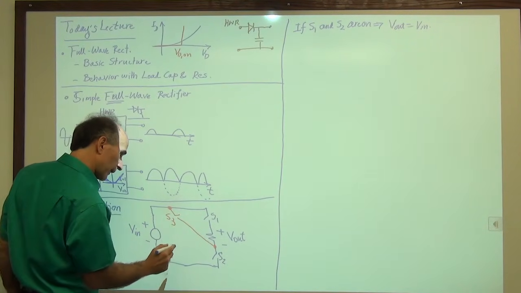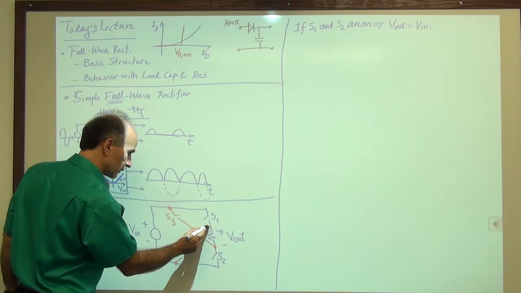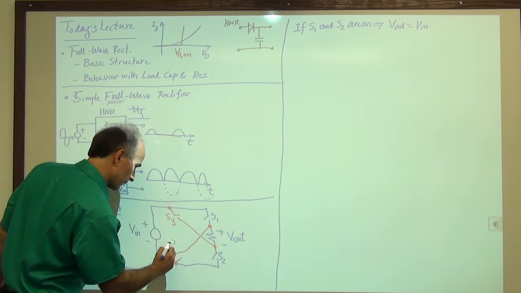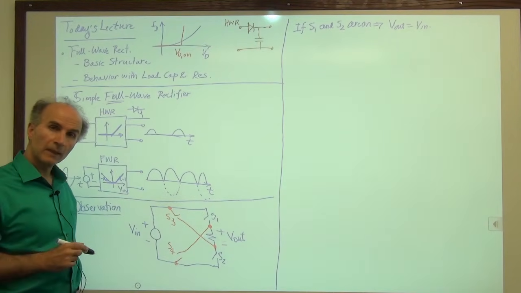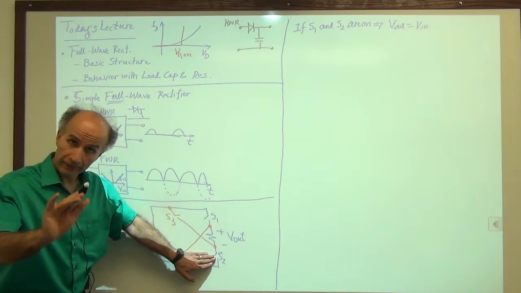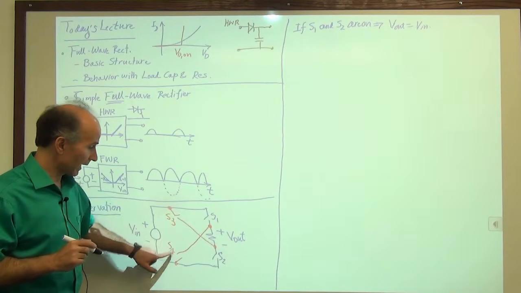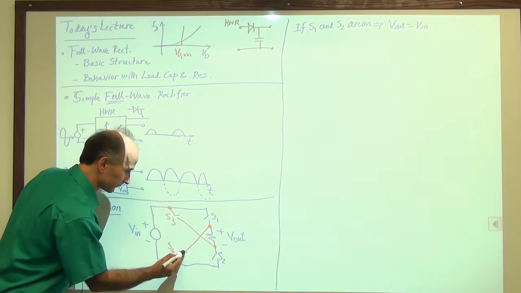And then I will add a switch from here to here. And I will call this S4. So what happens now if S1 and S2 are off, but S3 and S4 are turned on? What do we see?